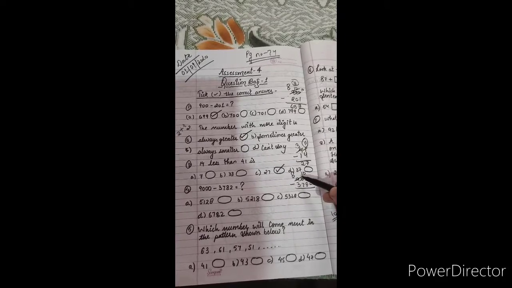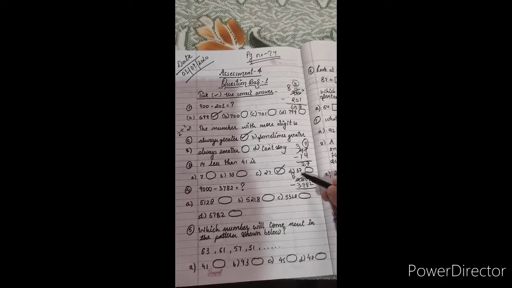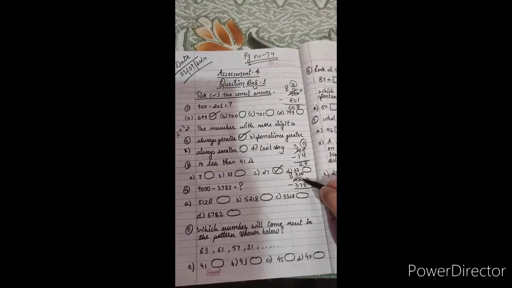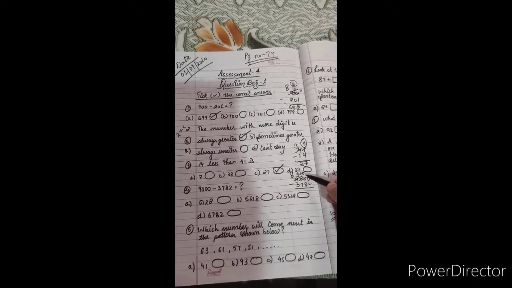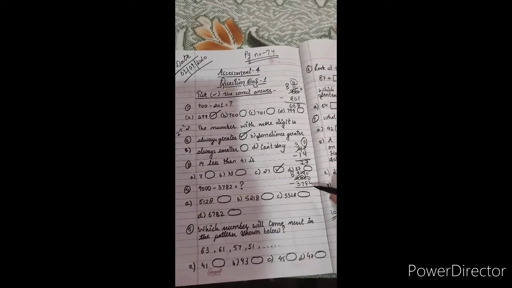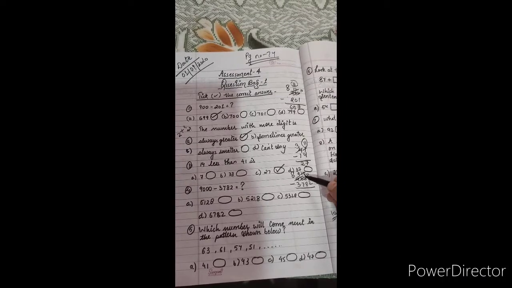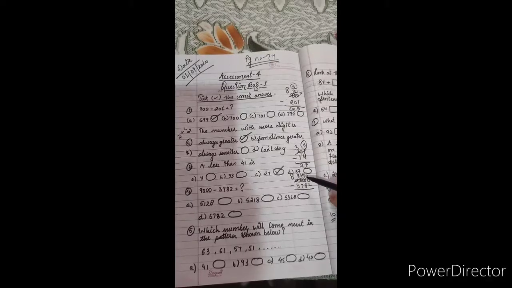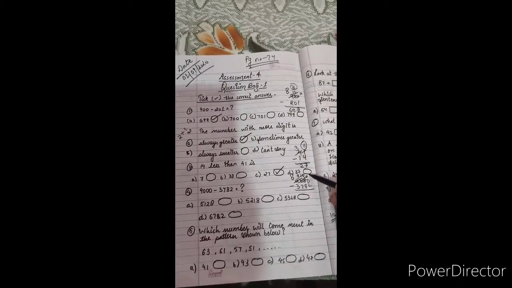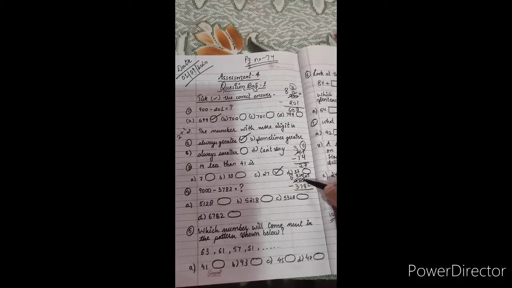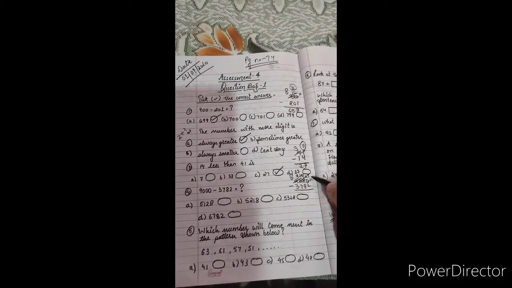Now we borrow 100, so 900 are left, and in tens position 100 plus 0 tens become 10 tens. Now we borrow 1 ten from tens, so 9 tens are left, and in ones position 1 ten plus 0 ones become 10 ones.